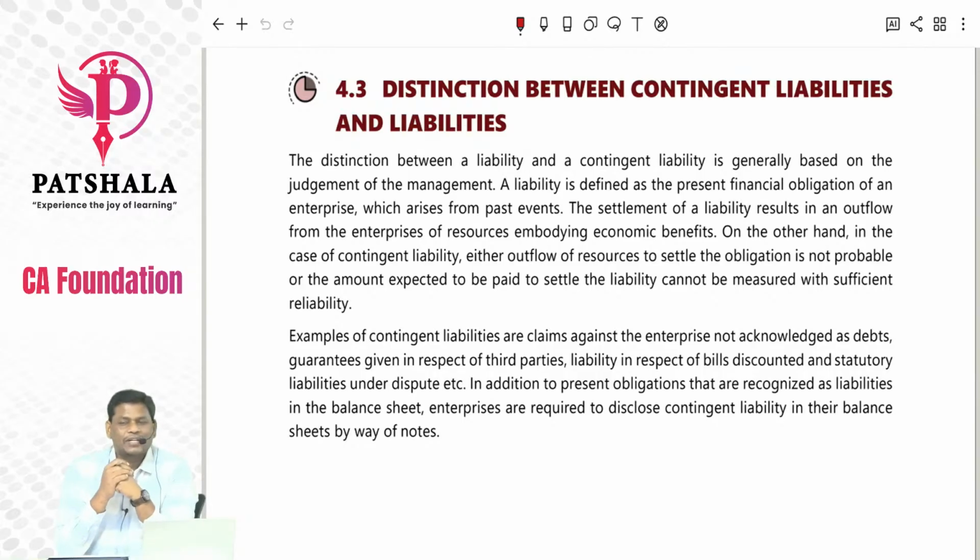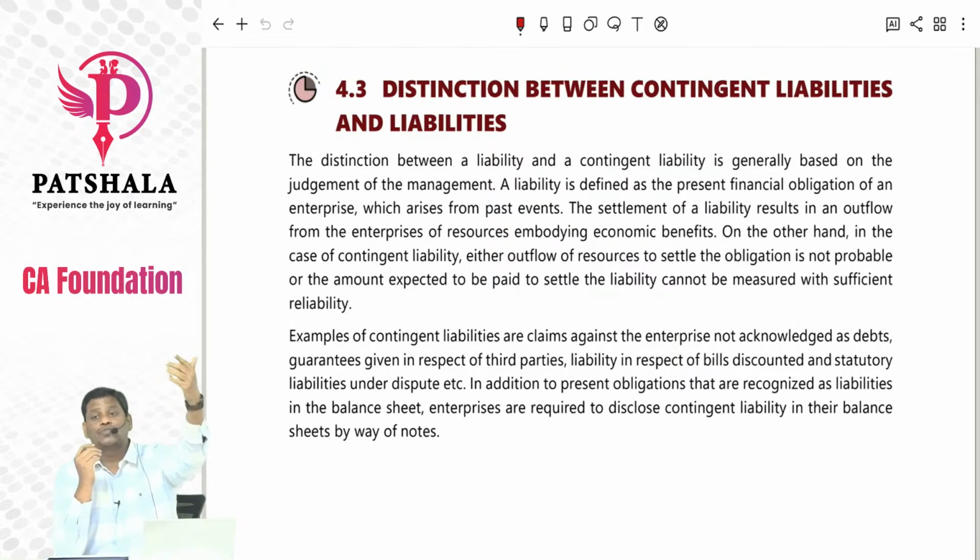What is contingent liability? It may or may not happen. Liability has already happened. Contingent liability we cannot estimate. Liability we can estimate. Contingent liability depends on unforeseen future events based on the past. Liability is confirmed, we have to pay.